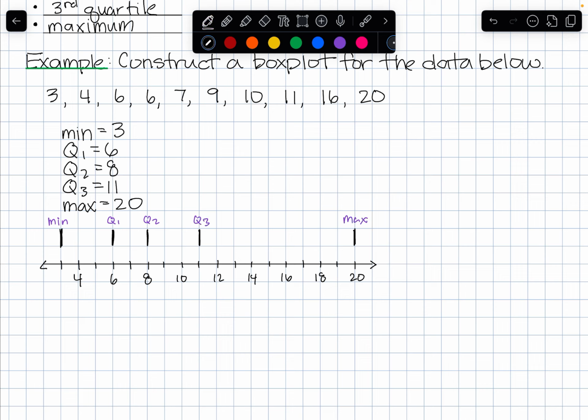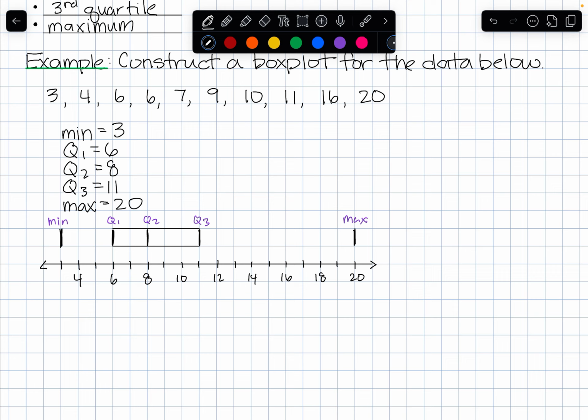And I'm doing that because our very last step is to connect the quartiles to make a box. So from Q1 over to Q3, I'm going to draw 2 horizontal lines to form a box.